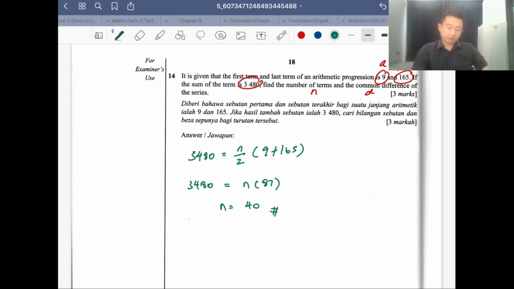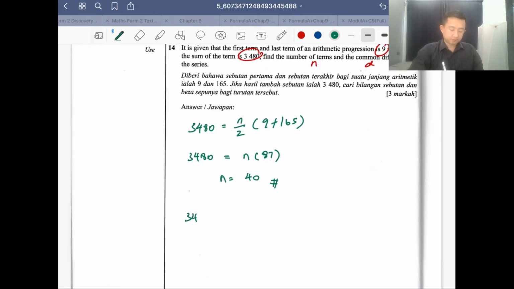I have this information, then I can use another formula. Not a and l, but 2a plus n minus 1 d.